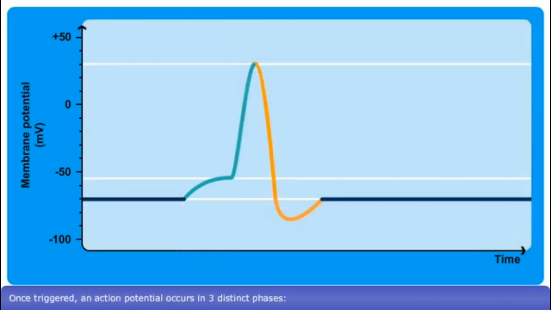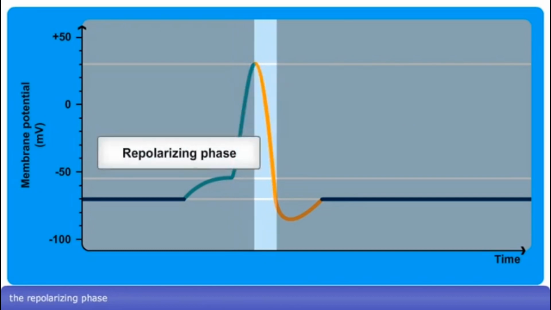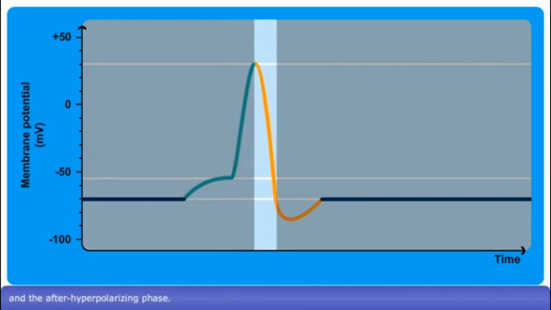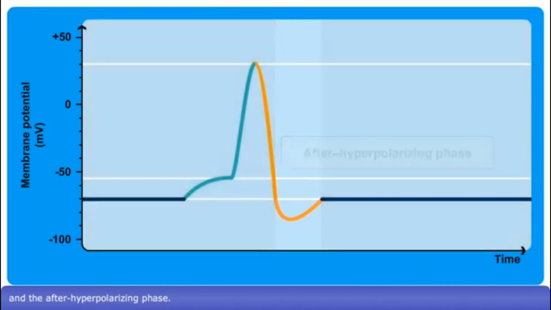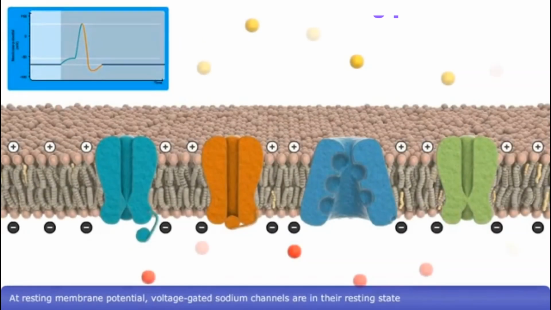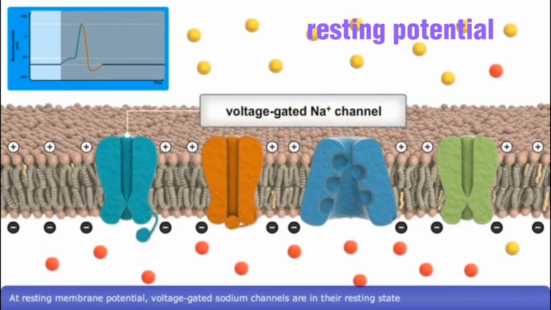Once the nerve is activated, the action potential proceeds in 3 distinct phases. Number 1 is depolarizing phase, number 2 is repolarizing phase, and number 3 is after hyperpolarizing phase. At resting state potential, intracellular is negative charge and extracellular is positive charge.